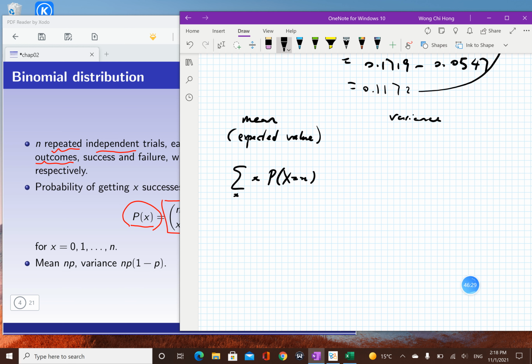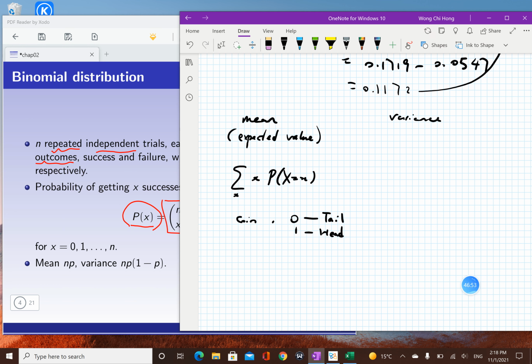Okay? So if you're throwing a coin, you have 0 for a tail and 1 for a head.